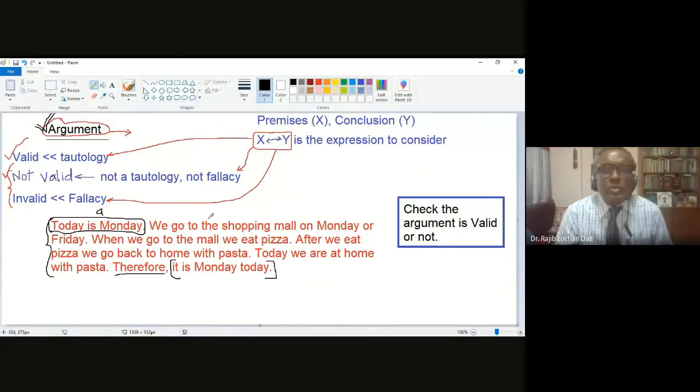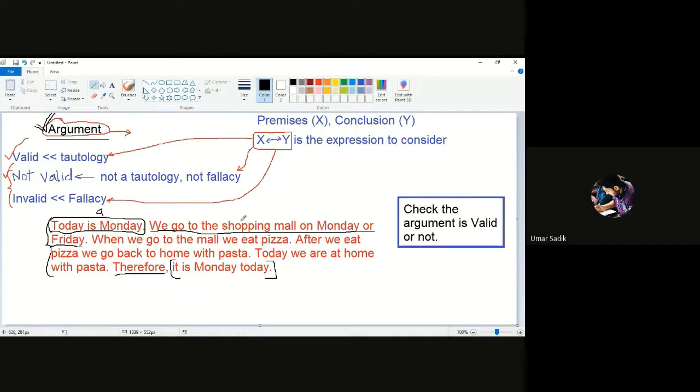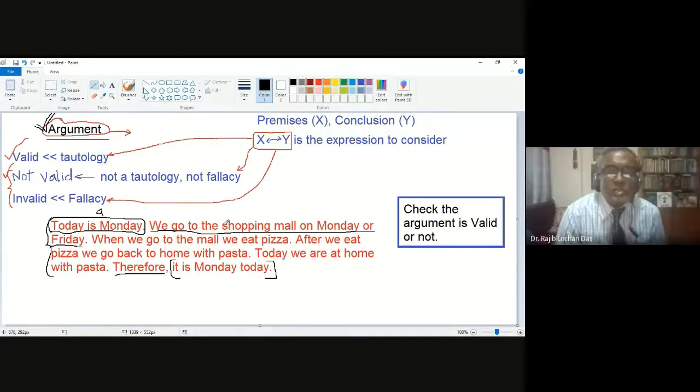And we go to the shopping mall on Monday or Friday. So what do you think? How will you write the proposition in a logical expression? Can you think? XOR?